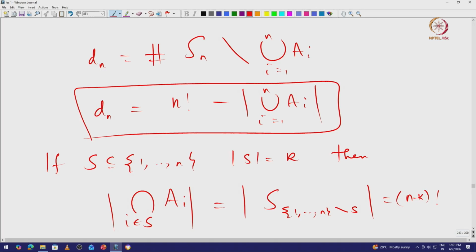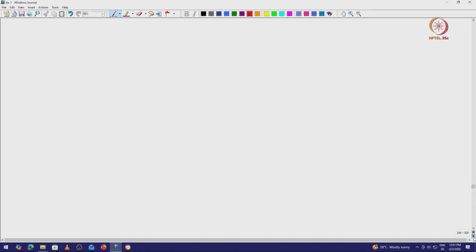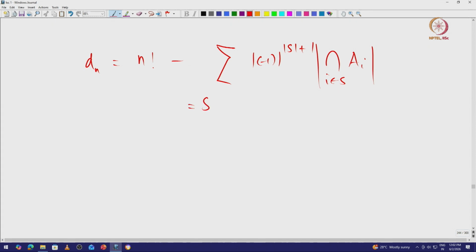Now if we plug this back into the formula we are interested in, dn is going to be exactly n factorial minus the cardinality of the union of Ai, which is given by the summation of minus 1 to the power of the cardinality of S plus 1, times the cardinality of the intersection of Ai over i in S, where S is a non-empty subset of 1 to n.